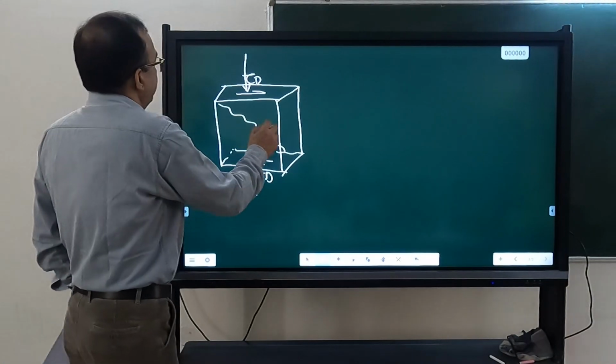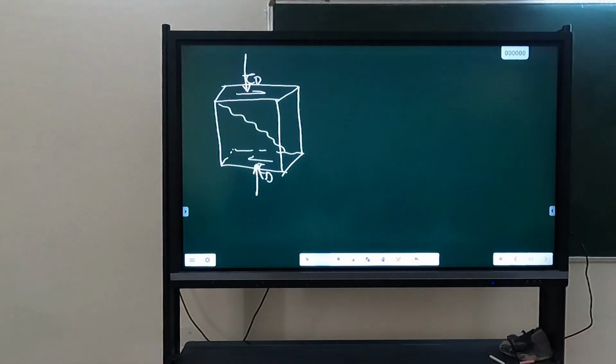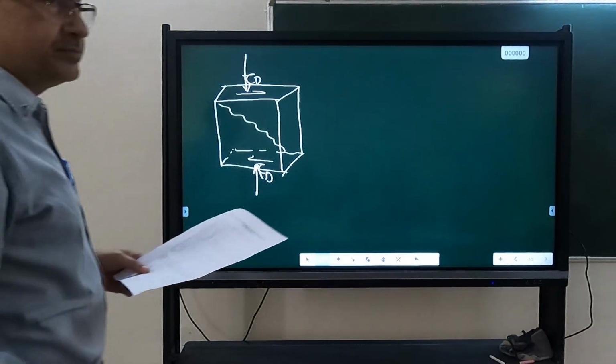In sliding shear, the failure will occur along this, but still the shear is measured on the cross section. Any doubt? So can you now complete question number 1?